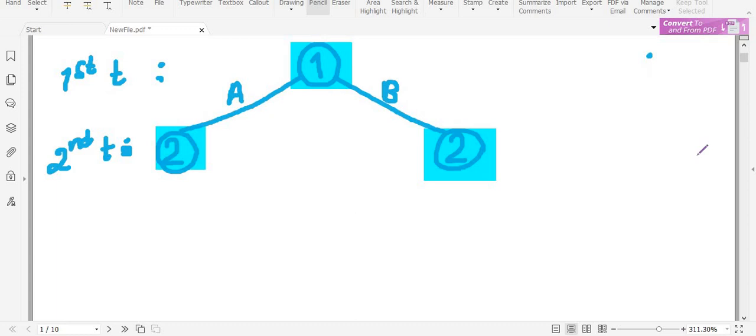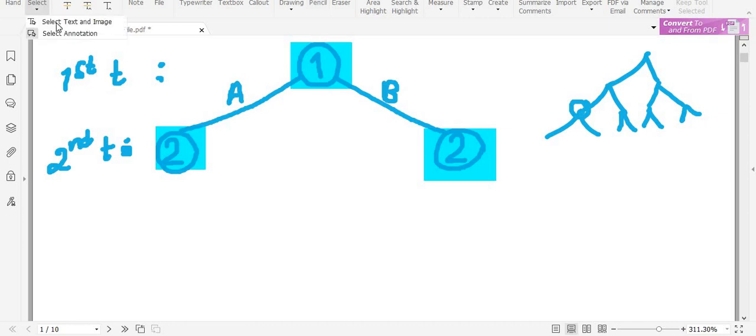Now when we look at a game tree, these nodes are the points where the strings branch out. If you think of something like this, it will be a very difficult and complicated situation. If I change the color of the ink, that will make it easier.